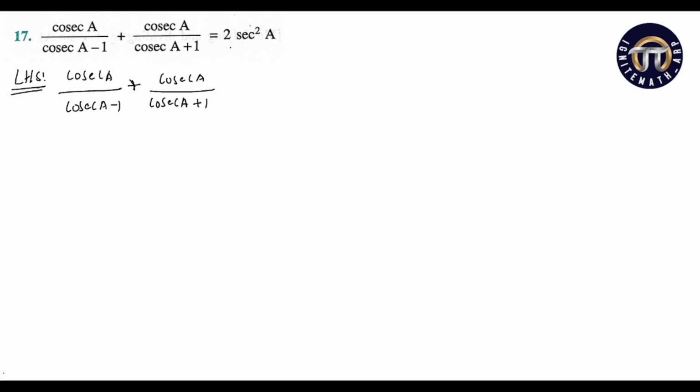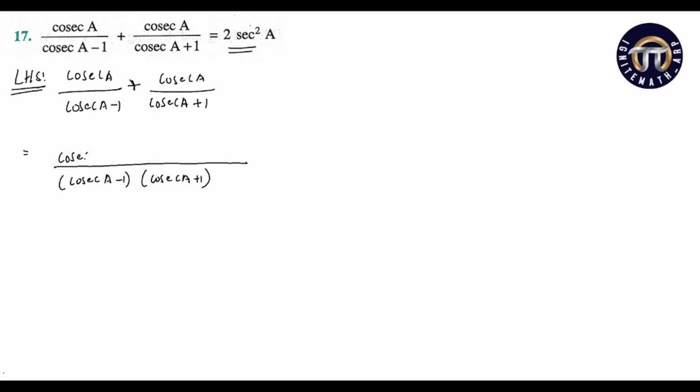I'm supposed to prove it is equal to 2 secant square A. So now I will take the LCM. If I take the LCM, please observe it very carefully. It is going to be cosec A minus 1, then cosec A plus 1.